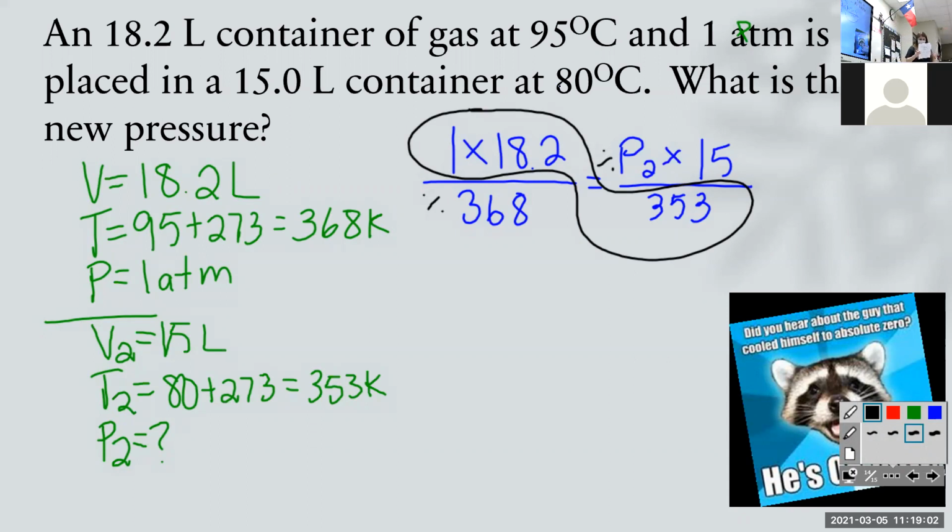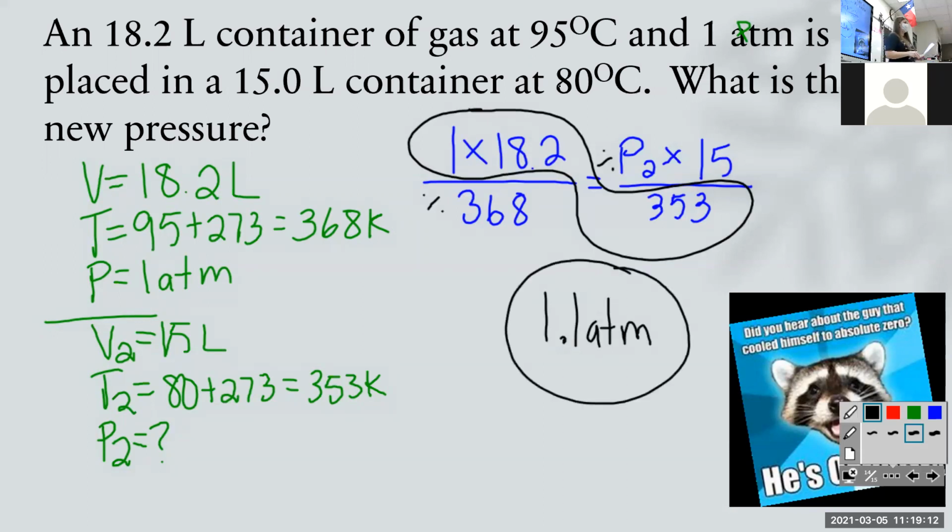And when I do that, 1.1. Yeah, I got it. I first got like 0.21 because I forgot you had to add 273 to the 80, and I was like, what? Never forget that. I wish I could just give y'all Kelvin every time, but I'm keeping it realistic.